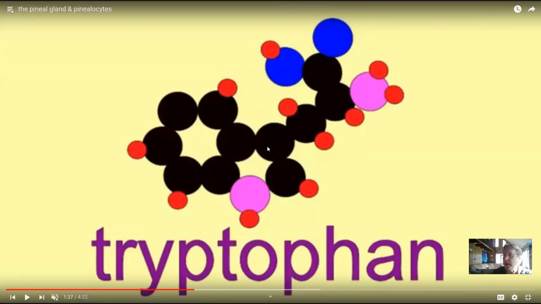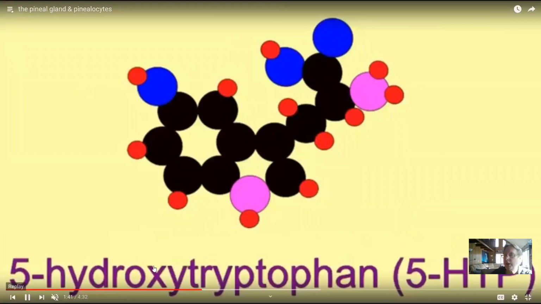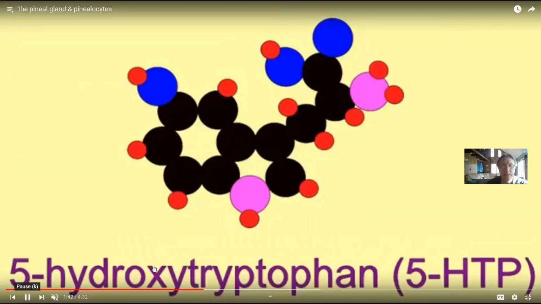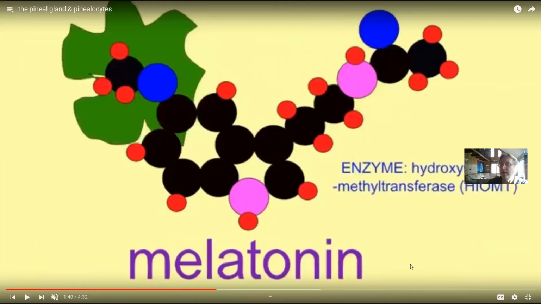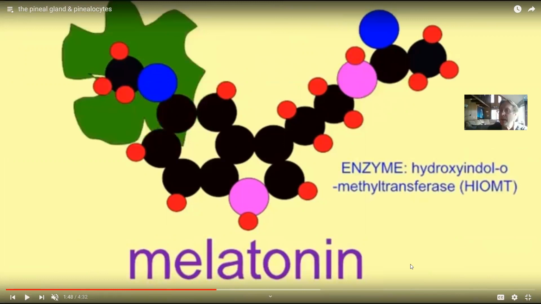This melatonin comes from the amino acid tryptophan, which we can get in our diet. So we eat tryptophan as one of the amino acids, and then we can change it, an intermediate, we can change it into serotonin, and then you can change it from there into melatonin.